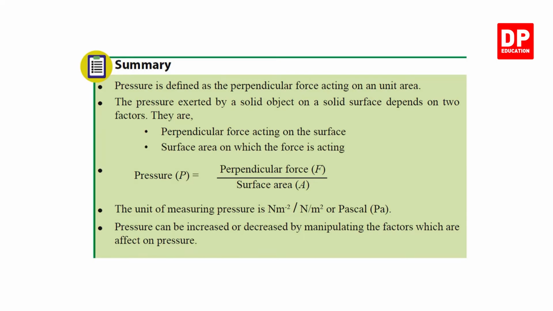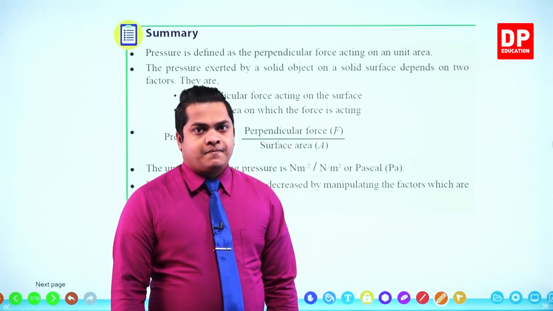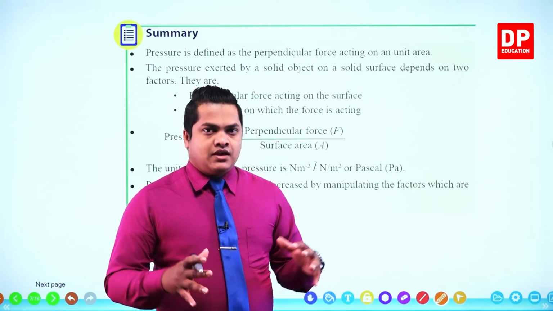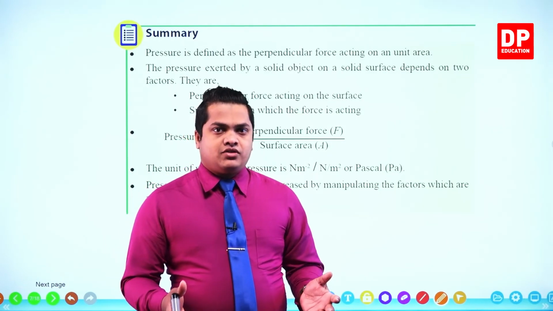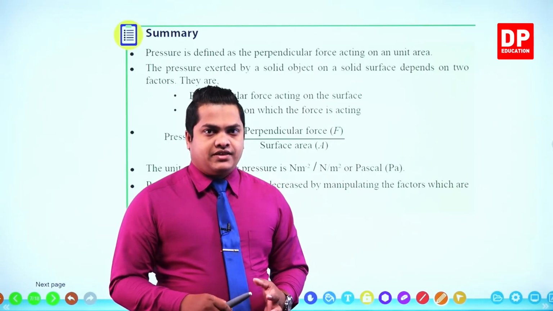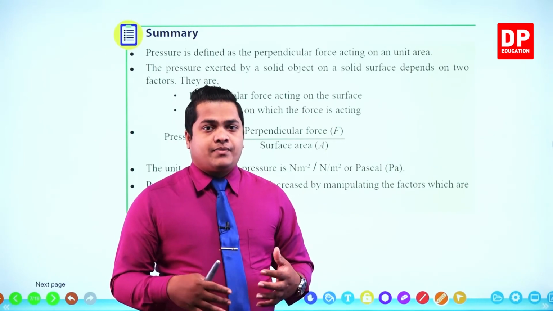these are the areas that we need to discuss within this lesson. So, we discussed several things related to the pressure lesson. I have given you a simple introduction on what we mean by pressure. We discussed what the factors are that affect the pressure, and we developed a formula to calculate the pressure.